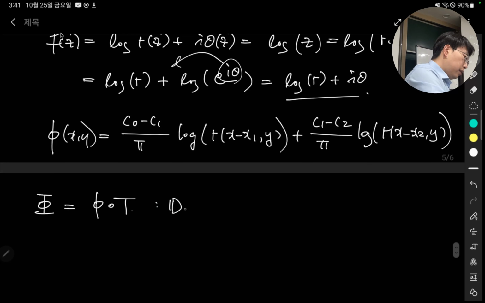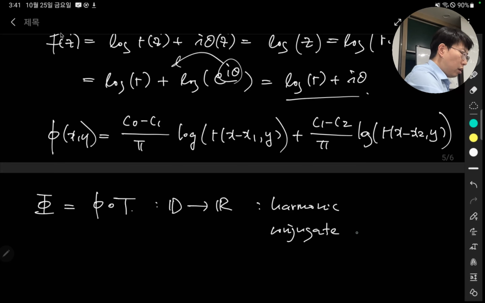This now sends a point in the disk to R, and that is also harmonic, which is the conjugate, so it's a counterpart to the H, the heat function here.